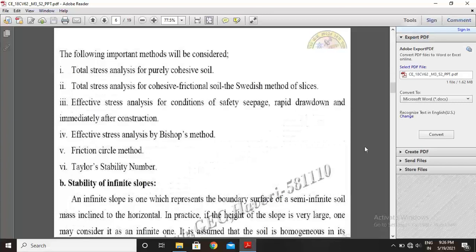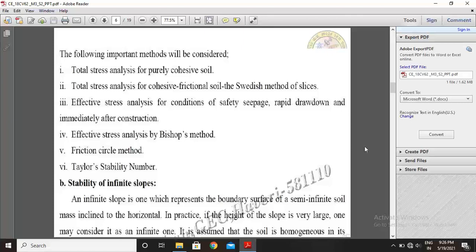Next, the following important methods will be considered: total stress analysis for purely cohesive soil, total stress analysis for cohesive frictional soil, that is the method of slices.